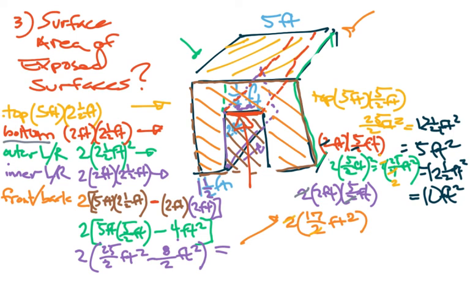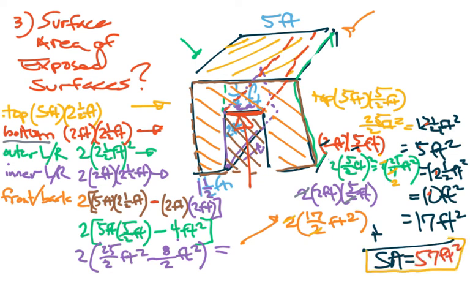Now I can cancel and be left with 17 feet squared. And I'm going to add these all up, and I'm going to get my surface area. So let's do this in this order. So I'll go 12.5 plus 12.5. That's 25 feet squared. Plus 5, we're at 30, 40, 57 feet squared.